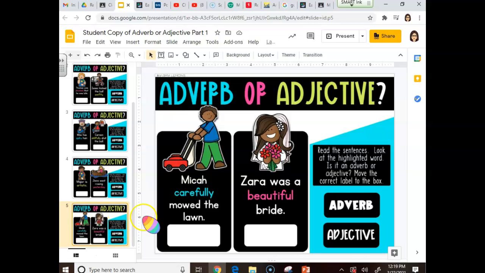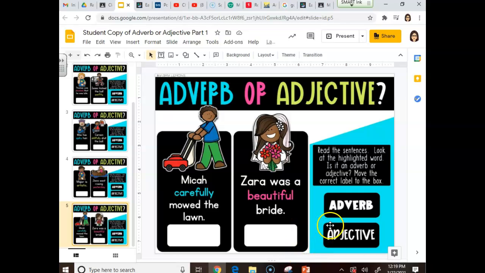All right, the last one. Micah carefully mowed the lawn. What do we see with carefully? Suffix ly. Zara was a beautiful bride. What does beautiful describe? Yes, bride.